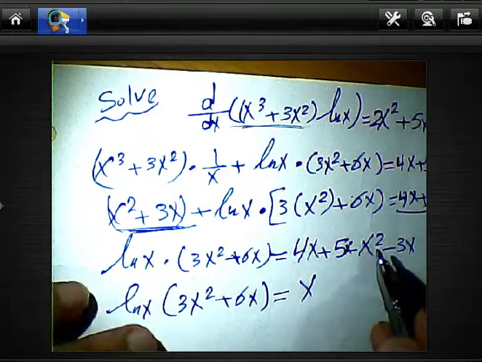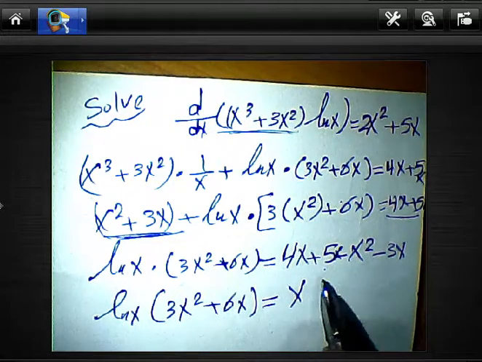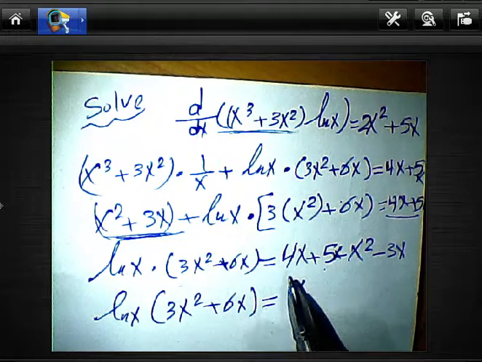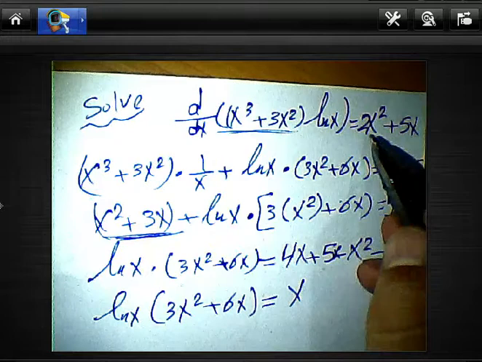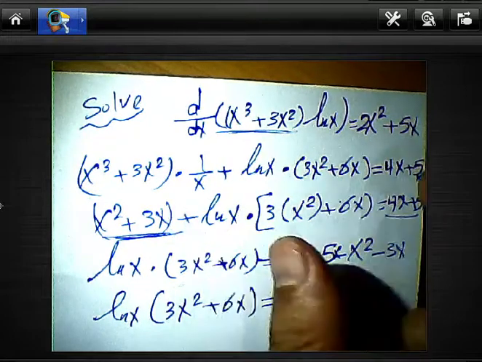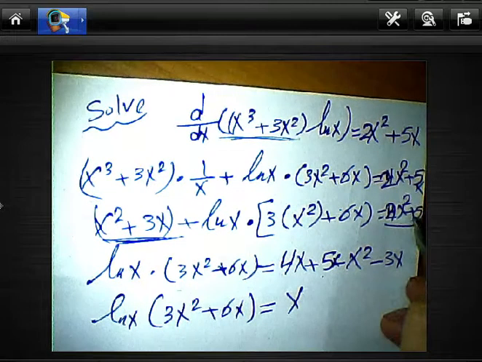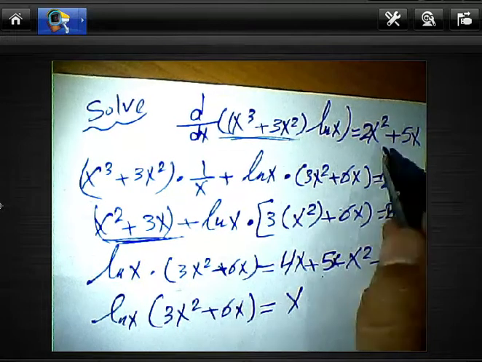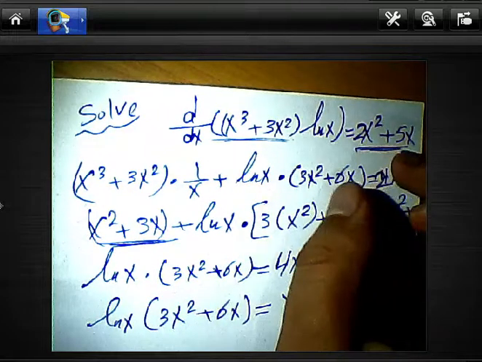We have 5x here. Okay, 5x subtract, again, it was 2x power 2 plus 5x. This expression equals 2x power 2 plus 5x. We want to find the derivative of this expression.